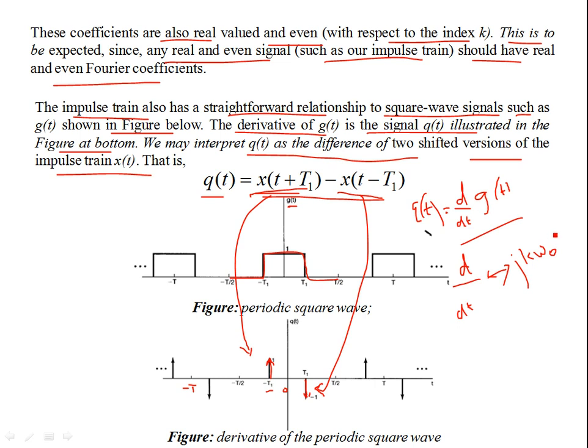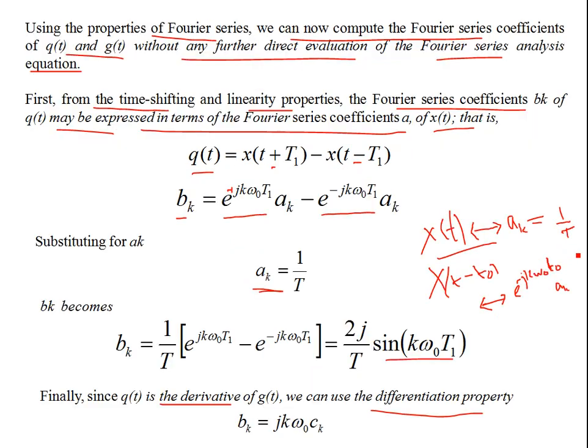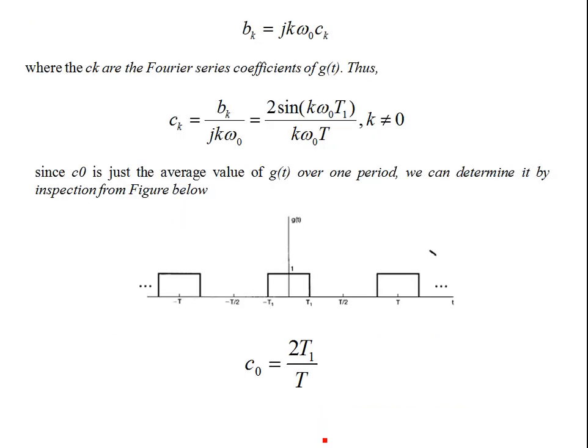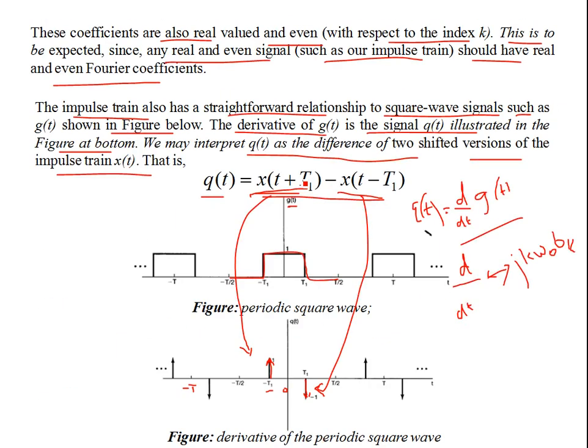For g(t), the Fourier coefficients are c_k, not b_k, so you substitute that here. For q(t), the derivative of g(t), using the differentiation property, you have jk omega naught and c_k, which happen to be the Fourier coefficients of g(t).